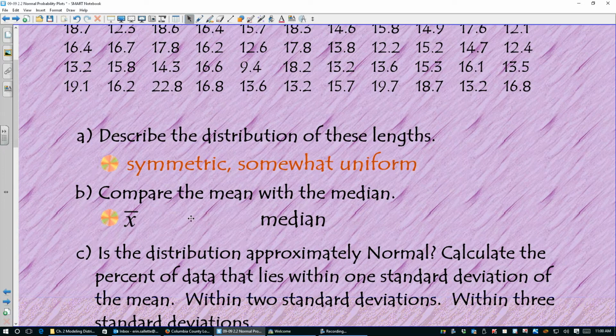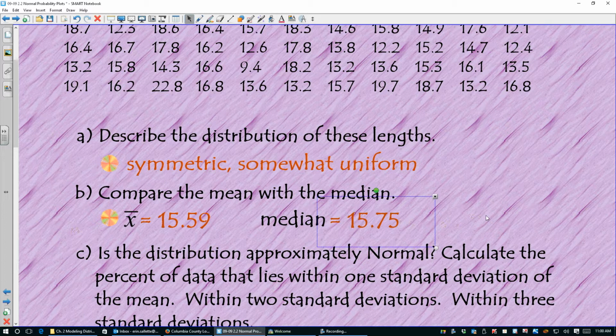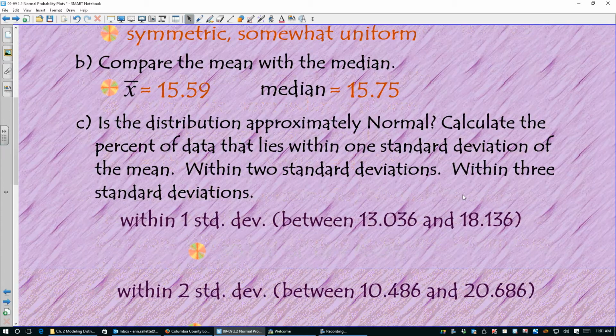Okay, let's compare the mean with the median. The mean is 15.59 and the median is 15.75, and we got that from one variable statistics in our calculator. Now I see that they're very similar, so close to symmetric.